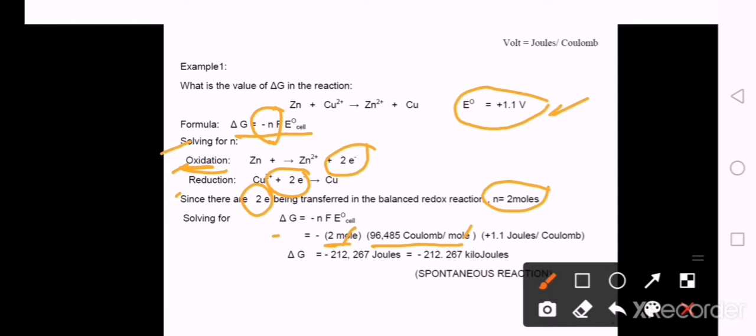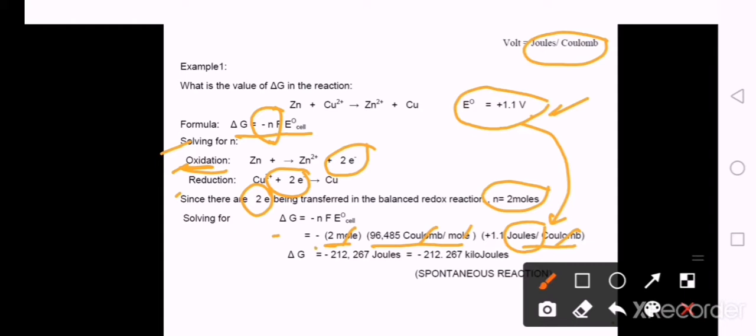Now this 1.1 volts could also be written as joules per coulomb. So pwede nating palitan yung unit na volt ng joules per coulomb, such that yung coulomb naman dito sa taas ay makakancel dito sa per coulomb ng cell potential. So leaving us with the unit of joules.